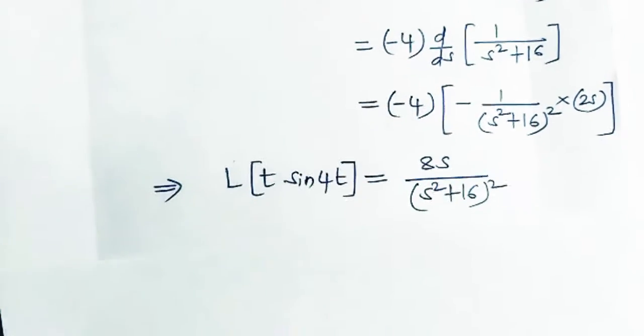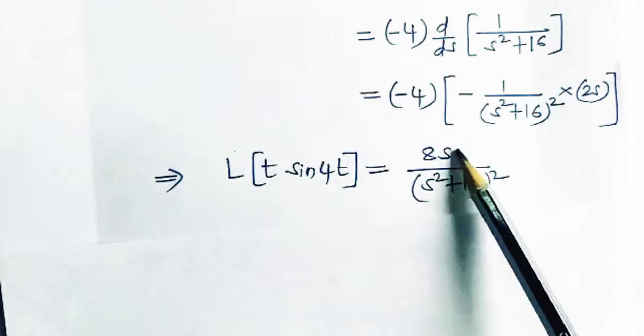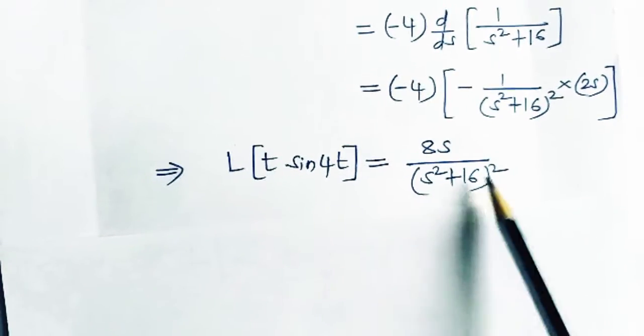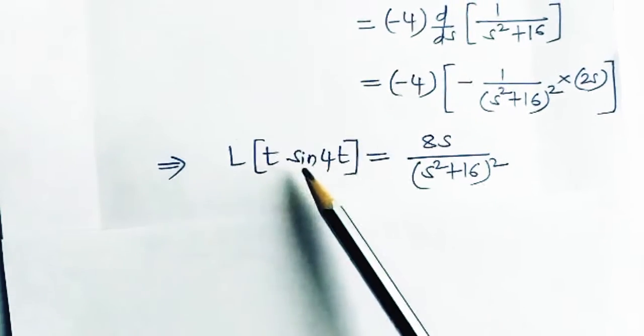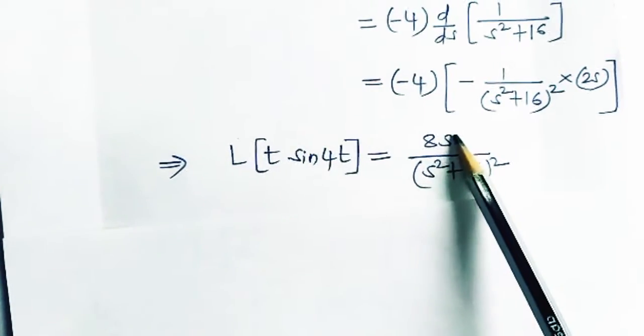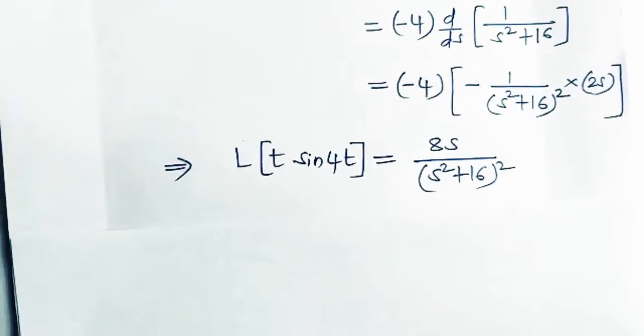So the simplified form of this step is 8s divided by s square plus 16 the whole square. That means the Laplace transform of t sine of 4t is 8s divided by s square plus 16 the whole square.